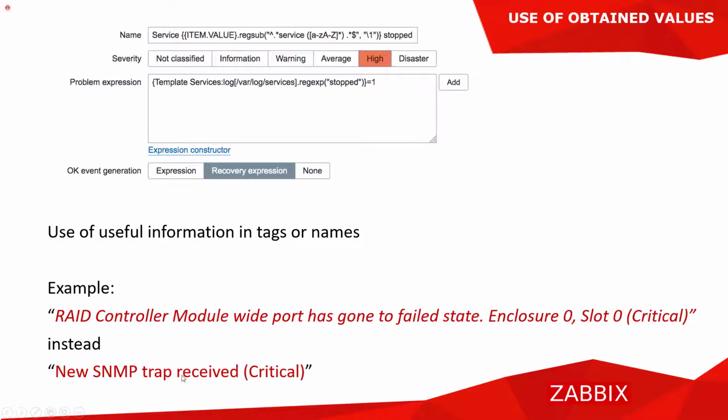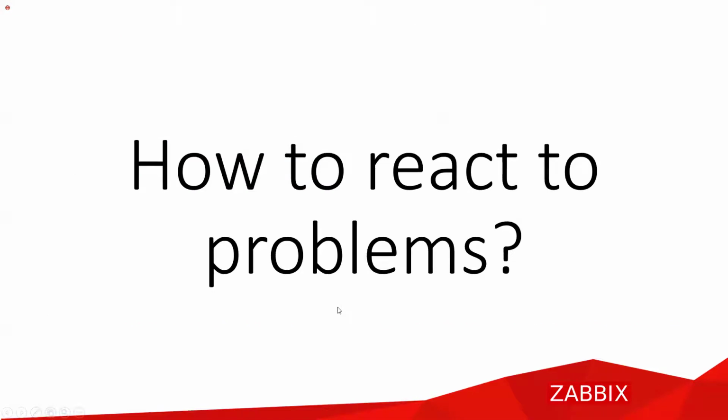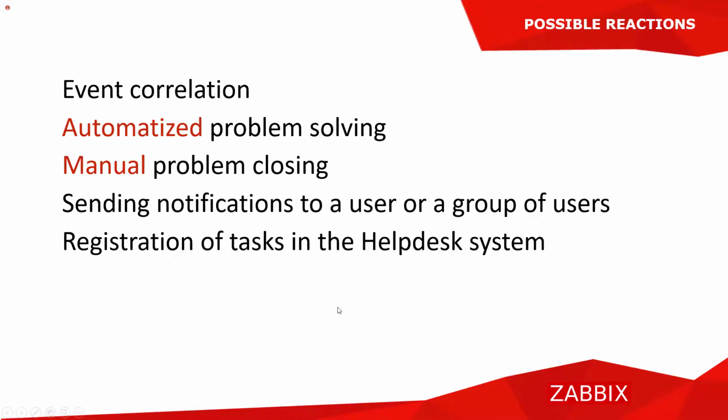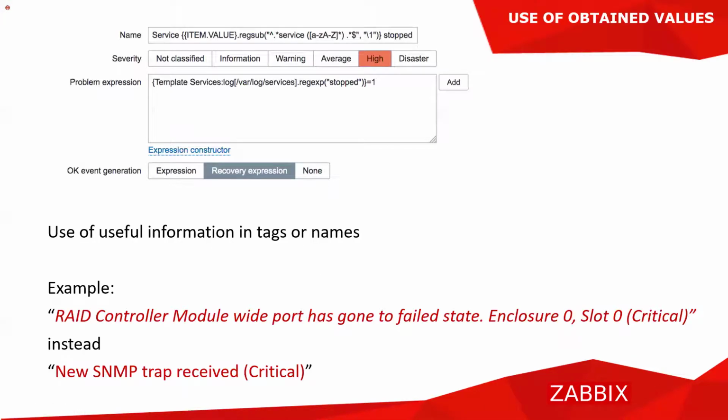What does the phrase service item value regsub stop mean? It means the train controller module wide port has gone to failed state, enclosure 0, slot 0, instead of seeing just a name that isn't describing the problem that's happening thoroughly enough.